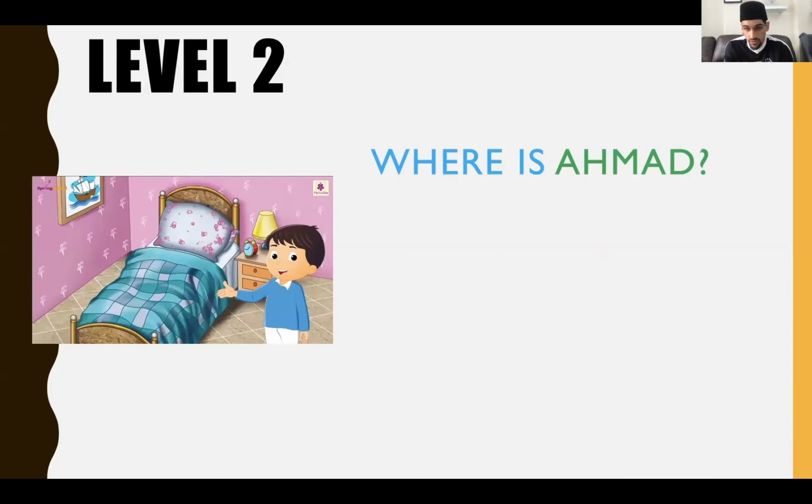The word for where we learned at the beginning, meaning Aina. And Ahmed is the same in Arabic, you just have to convert it into Arabic text. Aina Ahmed. Notice here that when you're saying someone's name, it still has the ending, so Ahmadun. But because we don't usually say that when we speak, you can just say Aina Ahmad, where is Ahmad?